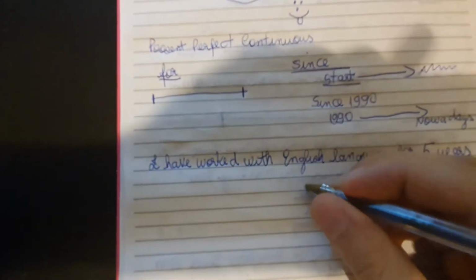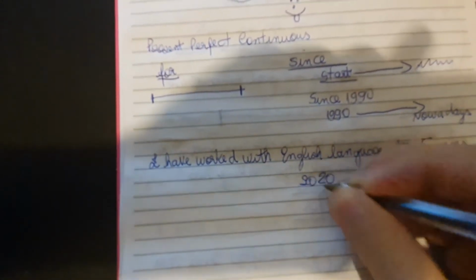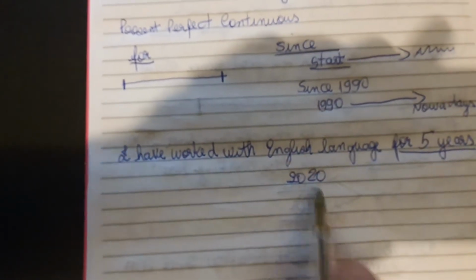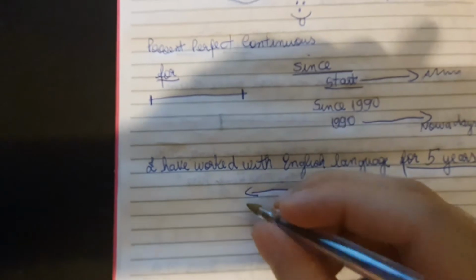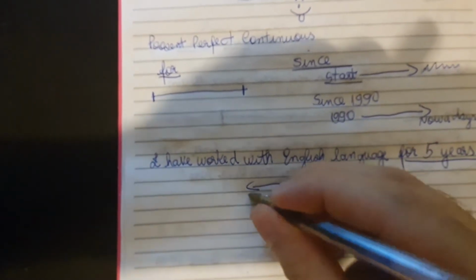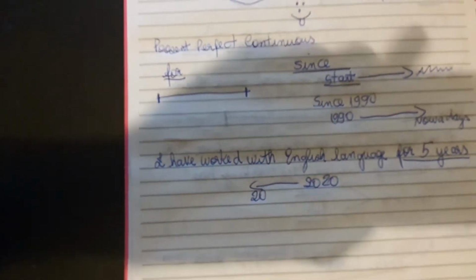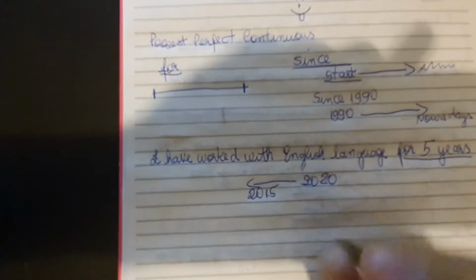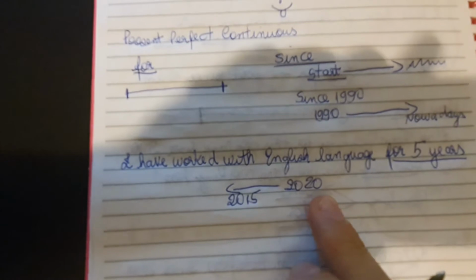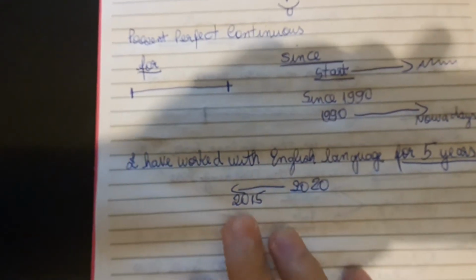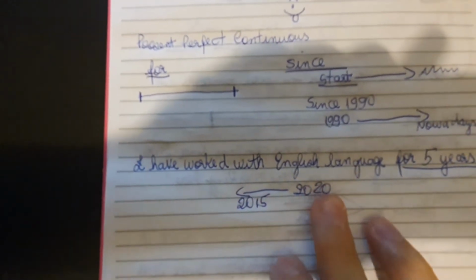Now we are in 2020, okay? So 5 years from now, it would be 2015. From 2015 until 2020, right? It started there and it ended there.